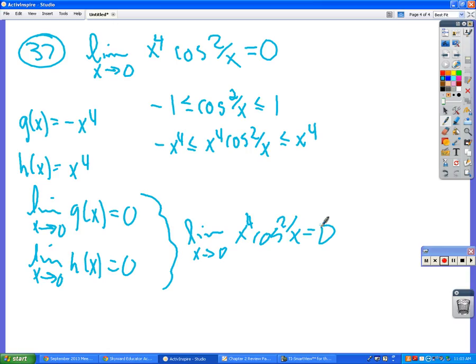Okay? So we're just kind of showing some work there. And if you wanted to do the graph thing again, you can see that cool little picture again where the cosine thing is all bouncing around and then the x to the 4th just kind of touches right up against it.